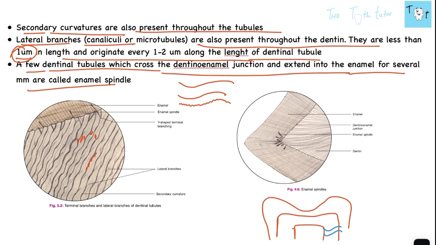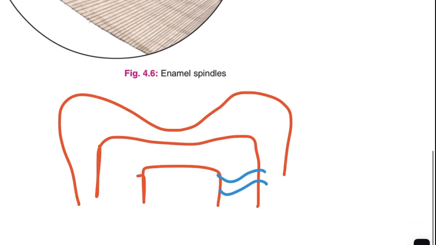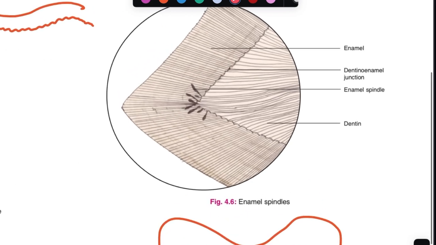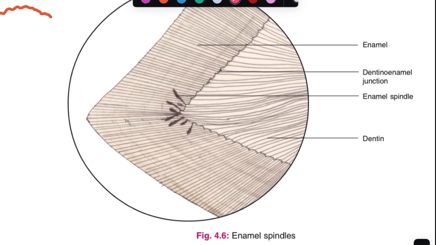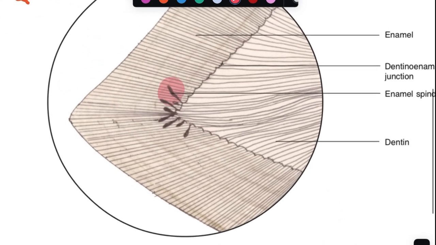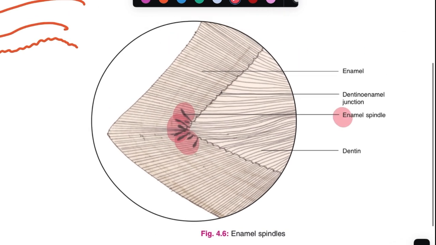So this structure over here will be called an enamel spindle. You can see in this diagram these dentinal tubules which crossed the dentinal enamel junction are called enamel spindles.